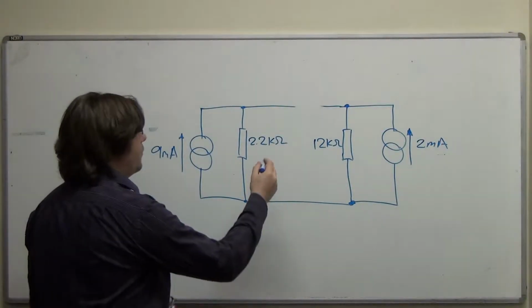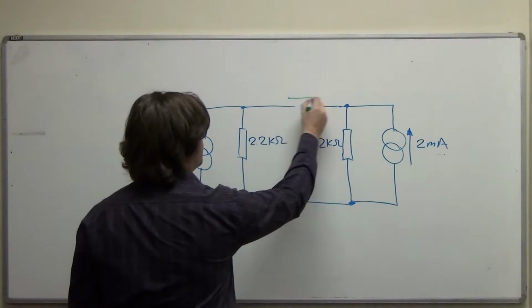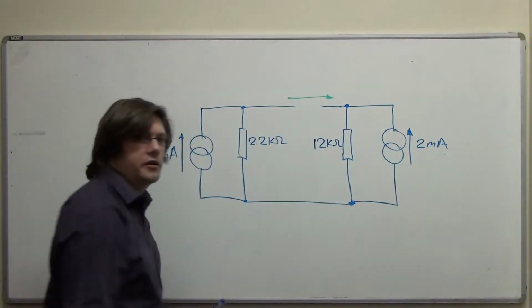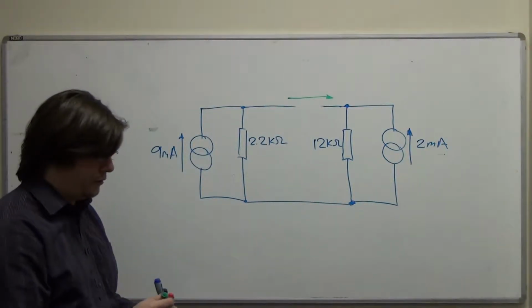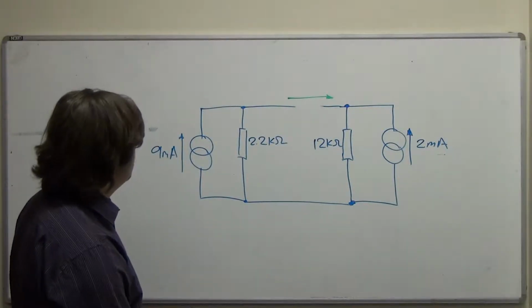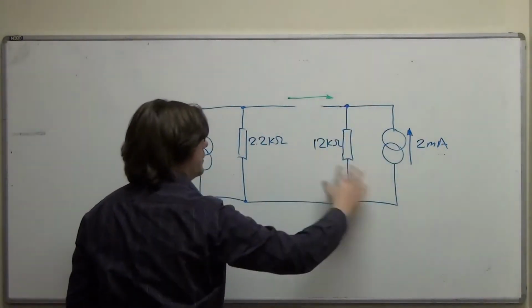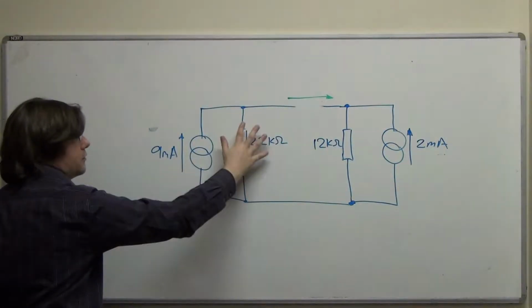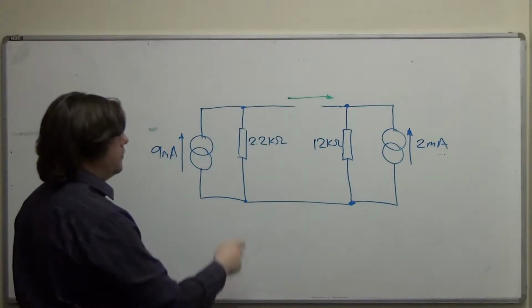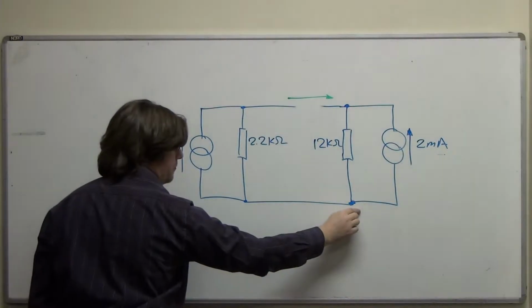And then I'll try and find out what the voltage is across the open circuit that's been left by the diode being taken away. And the first thing I can do is say there is no current from here getting over here, and the reason is the only pathway between these elements and these elements is across the bottom.